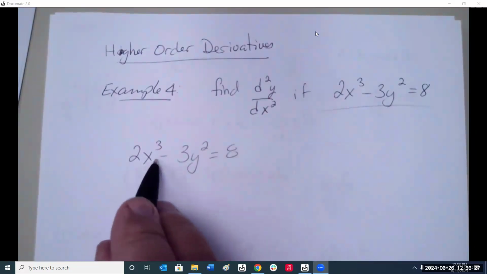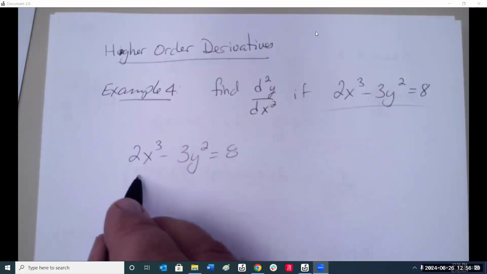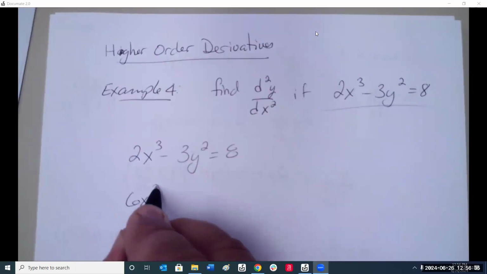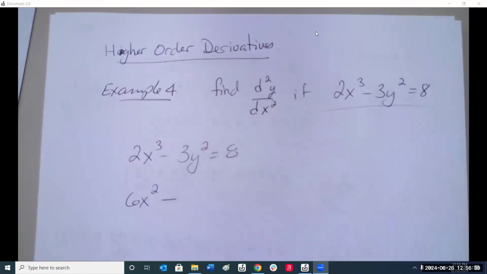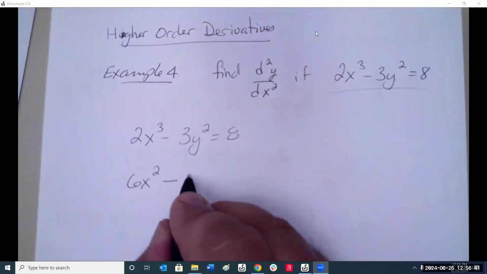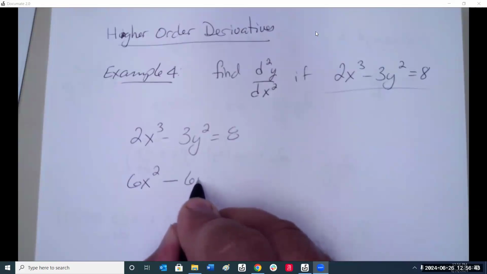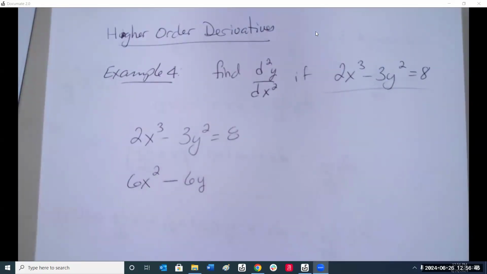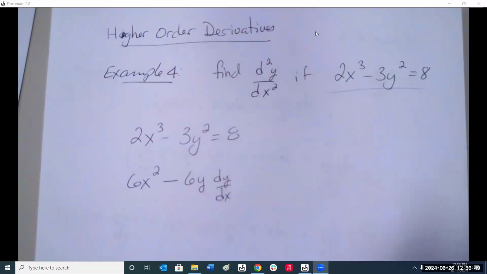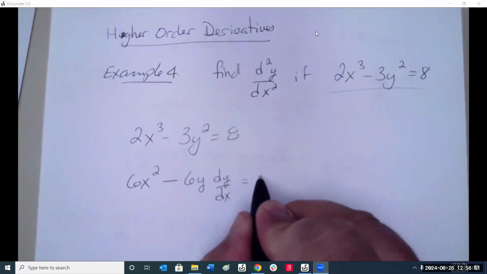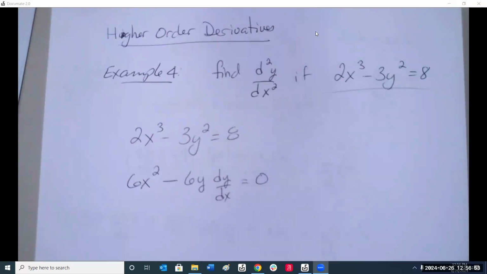The derivative of 2x cubed is 6x squared. The derivative of 3y squared, you have to put dy/dx. If not, you'll get it wrong. You always forget the dy/dx. The derivative of 8 is 0.